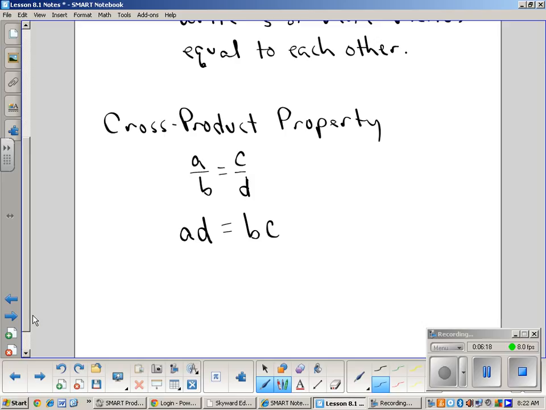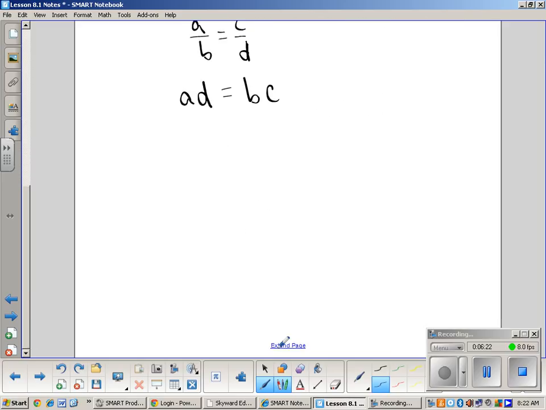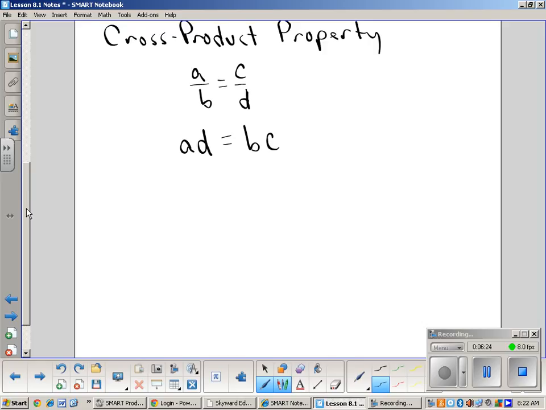This is also known sometimes as a means and extremes property. A times D is our extremes. And B times C is our means. Okay?